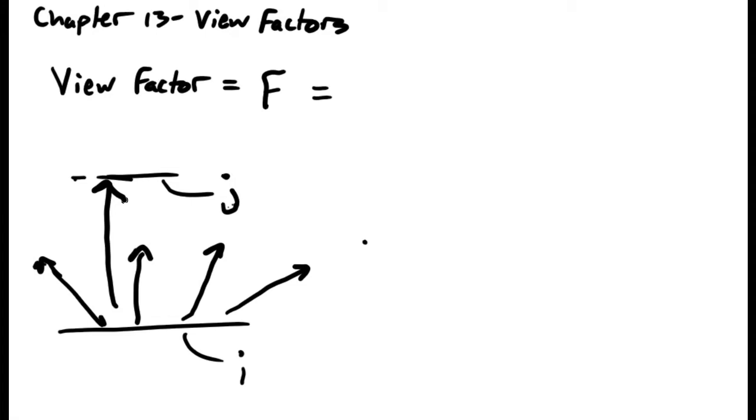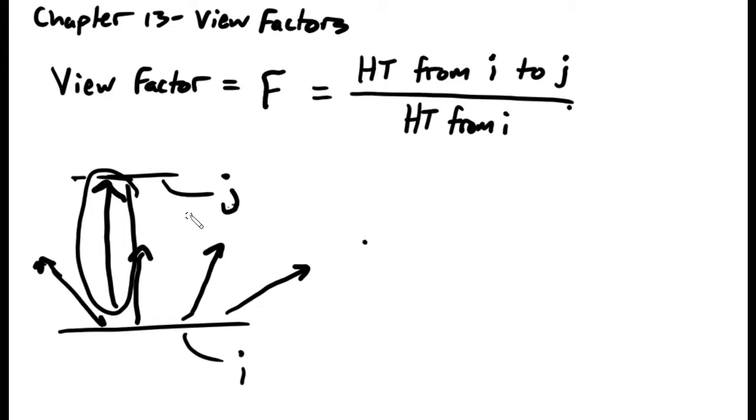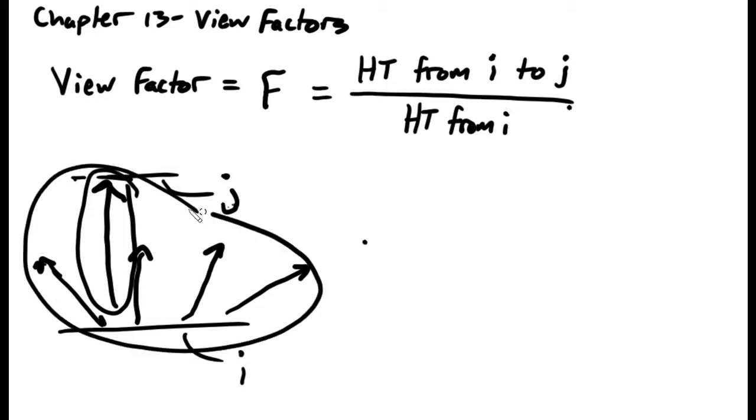Okay, so the view factor is defined as the heat transfer from surface I to J. So that's specifically just this line I've drawn right here, the heat transfer that goes from I to J. And that's divided by the heat transfer from I. So that would be all of these arrows.